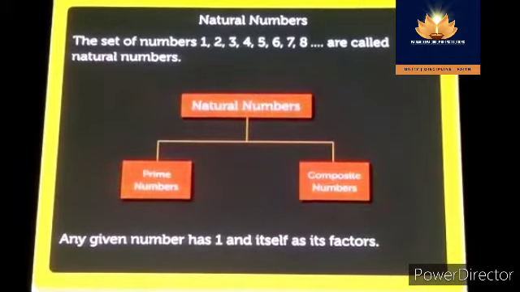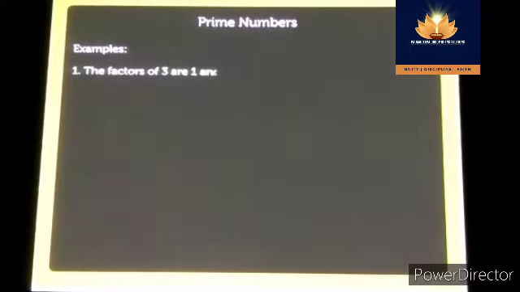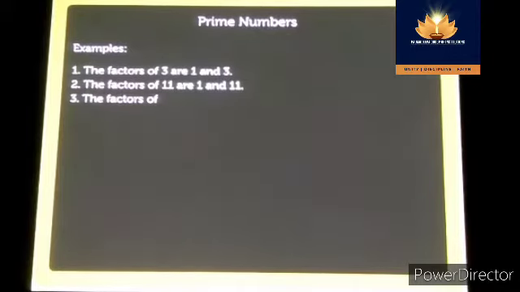Now let us start with prime numbers. Look at these examples. First, the factors of 3 are 1 and 3. Second, the factors of 11 are 1 and 11. Third, the factors of 17 are 1 and 17.